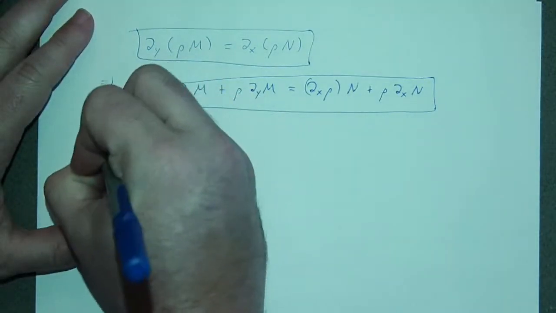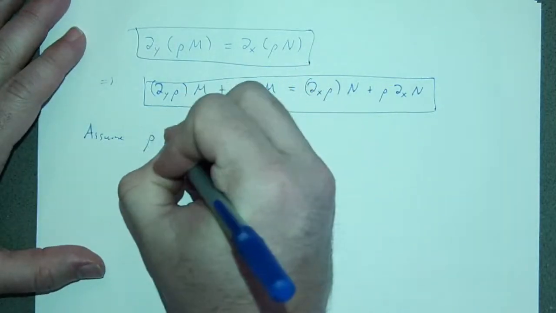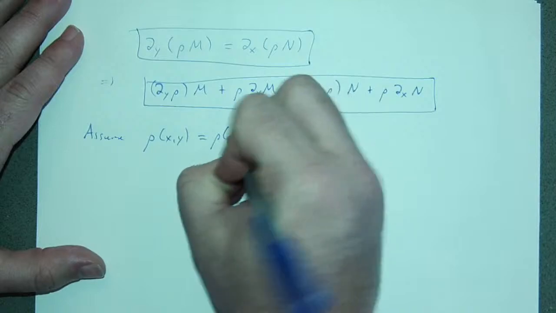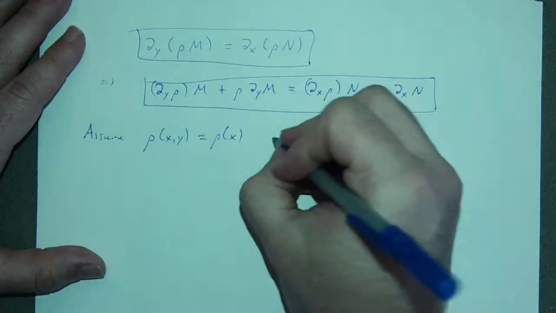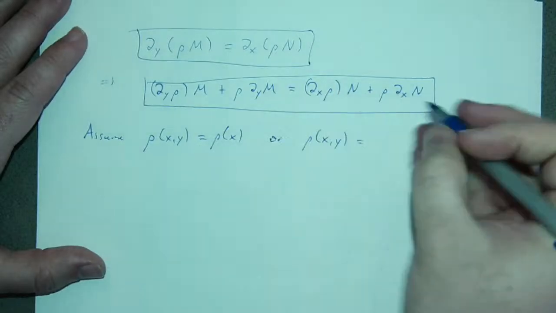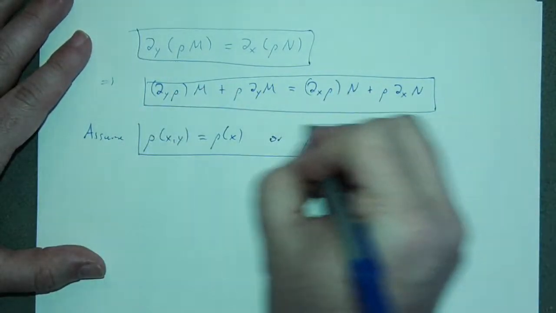So here we assume rho of x,y is actually rho of x, or rho of x,y is equal to rho of y.